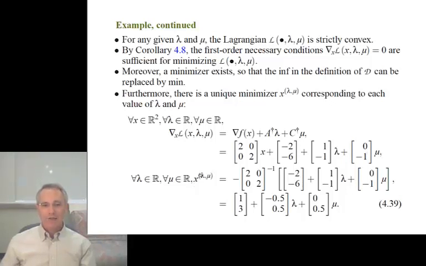Let me think of x as depending on lambda and mu, and I'll denote that by a superscript. I can write x of lambda and mu is equal to minus the inverse of this diagonal matrix times these terms. Multiplying that out, I get a constant term plus a term in lambda plus a term in mu.